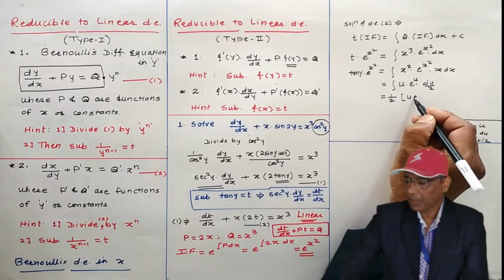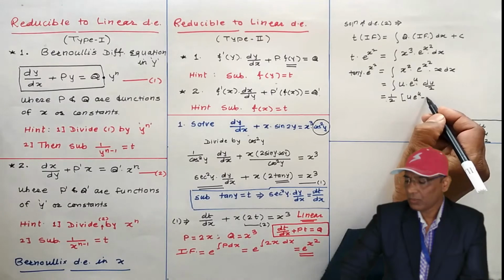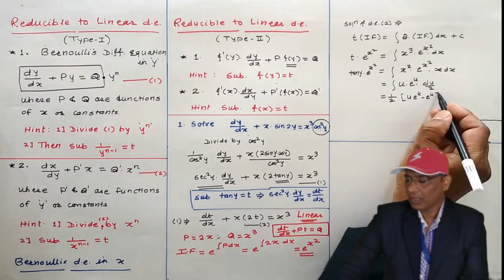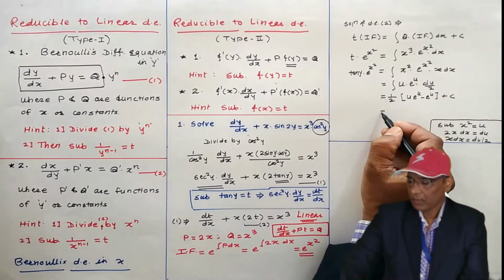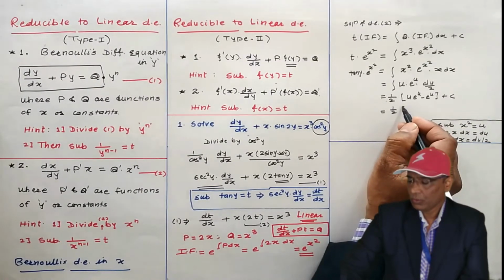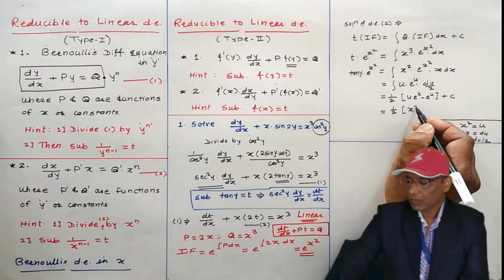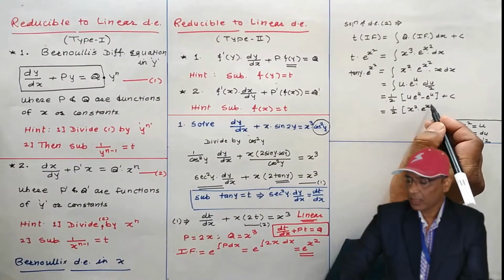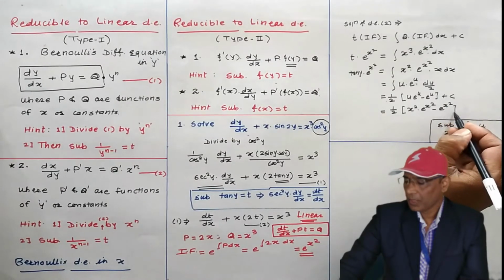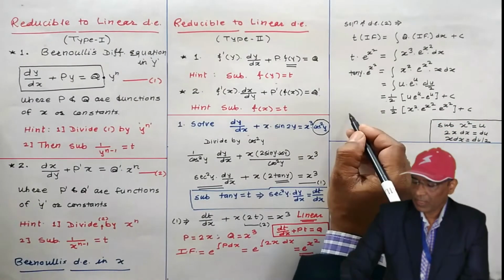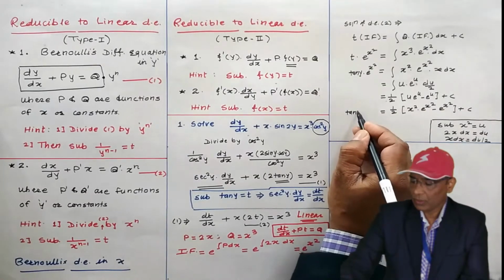By integration by parts, u e to the power u minus e to the power u, and you can write this directly in the examination. And finally put the value of u as x square, plus c, and the left hand side is carried forward.